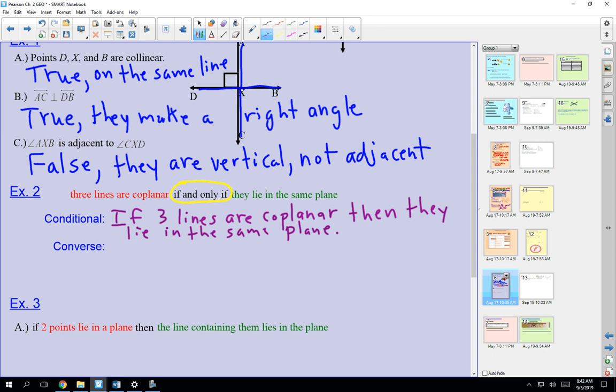And then the converse would be, and once again, now that I'm writing the converse, I'm going to tell you what I'm talking about in the first part of the converse. So instead of being literal here and saying if they lie in the same plane, then 3 lines are coplanar, you could just put if 3 lines lie in the same plane, then they are coplanar.